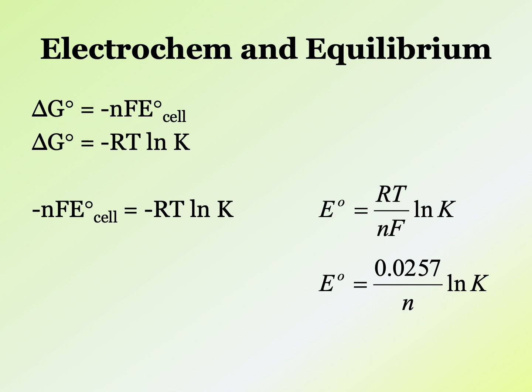And then F is a constant. So they simplified it to be this: 0.0257 over n moles of electrons times ln of K equals E. And it can also be derived from this one with log of K instead of ln of K.